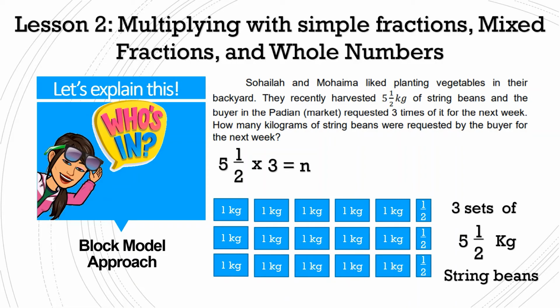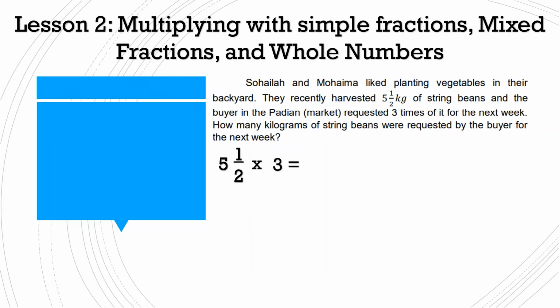Does it make any sense? Now, you should be glad that you don't need to use the block model approach to solve this, because we can also have it without drawing boxes all the time. Now let us try to solve this without using the block model approach.